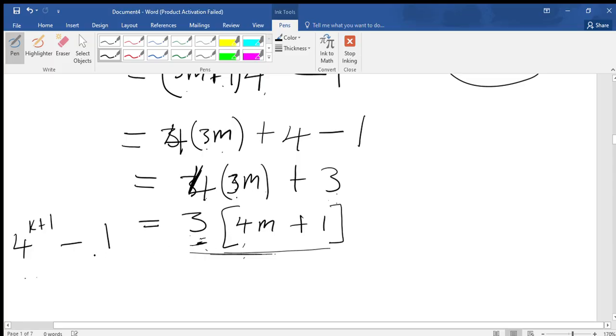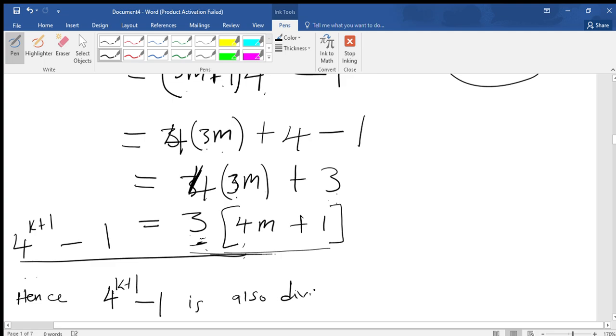So with this shown for k plus 1, we can conclude that 4^(k+1) minus 1 is also divisible by 3. Why are we concluding this? Because the 3 has been factored out, multiplied by a certain integer. This is an integer. So if this is true, it's divisible by 3, hence the statement is true.